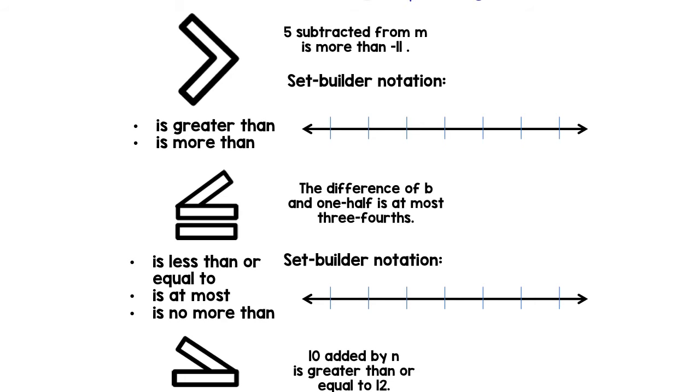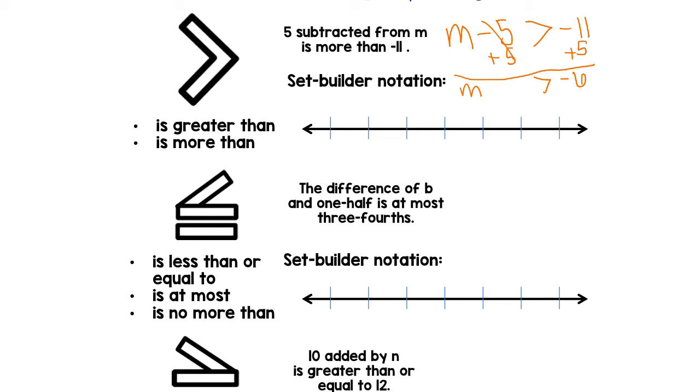Let's write an inequality. 5 subtracted from m, so m minus 5 is more than negative 11. Again, we're going to imagine this is just like an equation and solve accordingly. We want to get m alone, so we will add 5 to each side. And we have m, 5's cancel, is greater than negative 6.